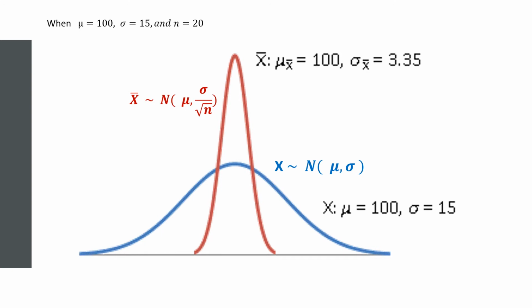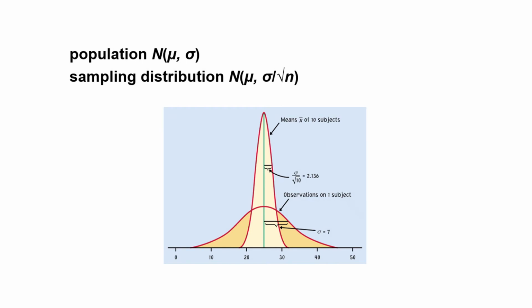In 13.3 we said here it was 130.2, this mu also was 129, almost close to that, but if it is normal the two values will be the same, and the standard deviation, if this is sigma, then for x bar it will not be sigma, but it will be sigma by square root of n. So if you have a population which is a normal with mean mu standard deviation sigma, the sampling distribution x bar will follow a normal distribution with mean mu standard deviation sigma by square root of n.